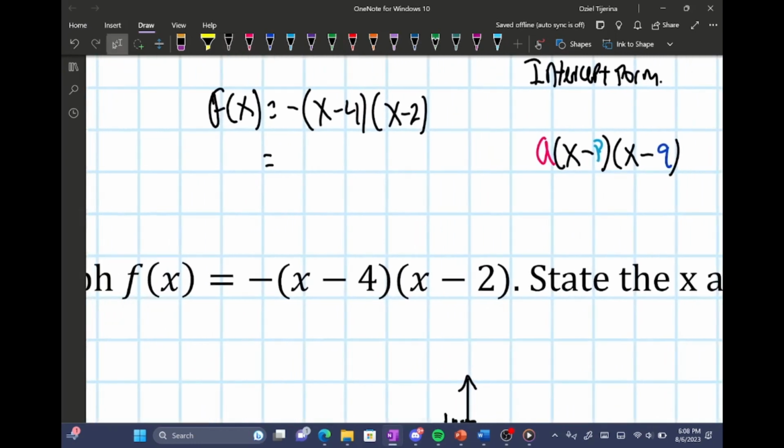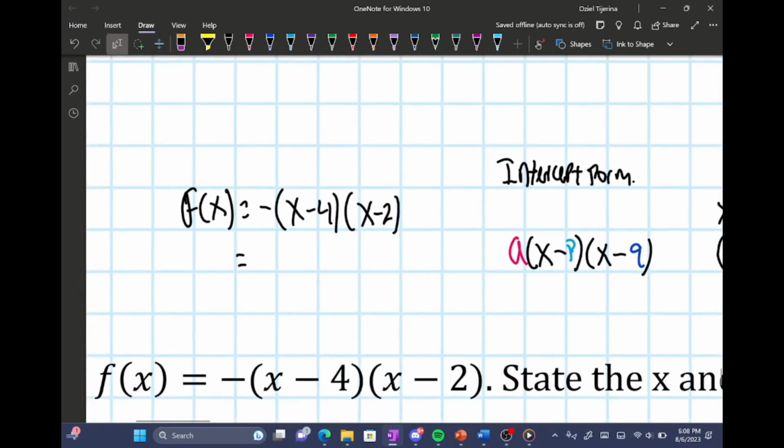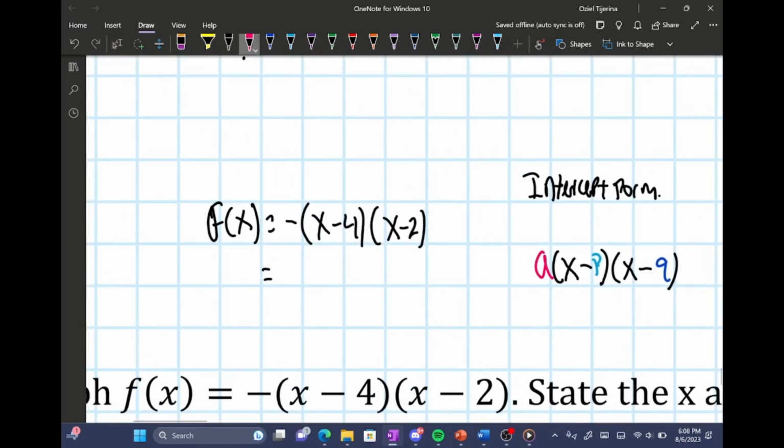Alright, so in this particular function, we are given this, and so we know that this is going to be of the form negative 1 times x minus 4 times x minus 2.